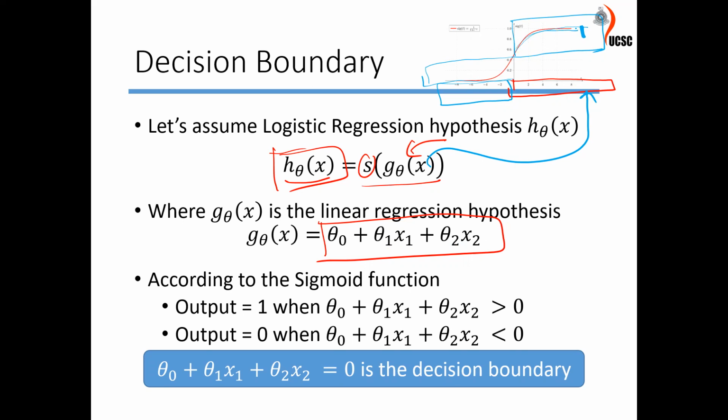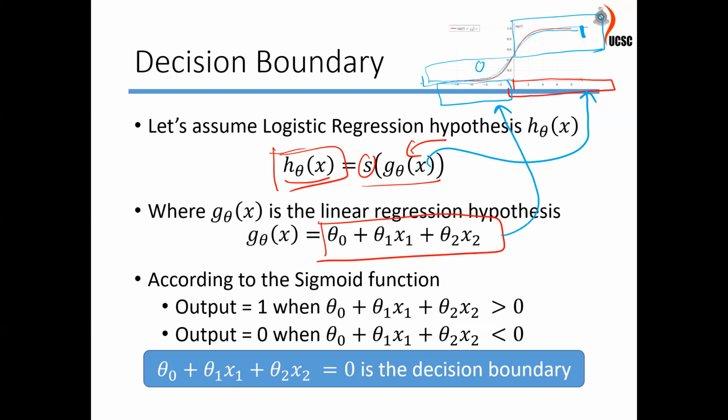If our linear regression hypothesis gives something negative, less than 0, that will fall under class 0. You can see the sigmoid function behaves like this.